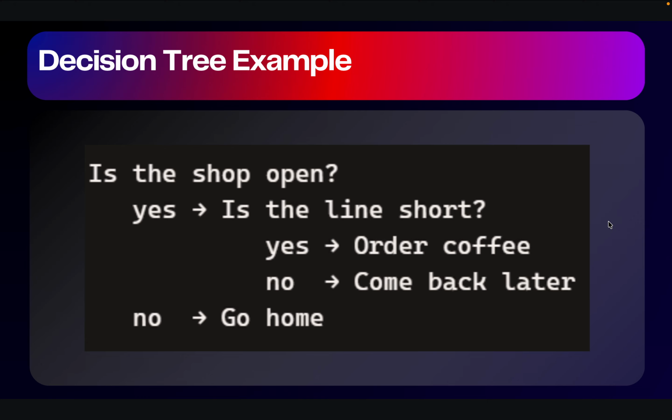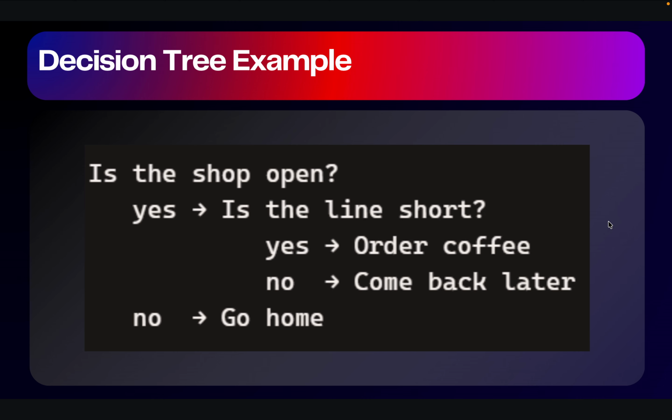So this is what we like to call a decision tree. You basically have your question that you're trying to solve. And that question is either going to have the answer of yes or no. So in this case, we have the main question of, is the shop open? If the shop is open, it's going to then ask, is the line short?